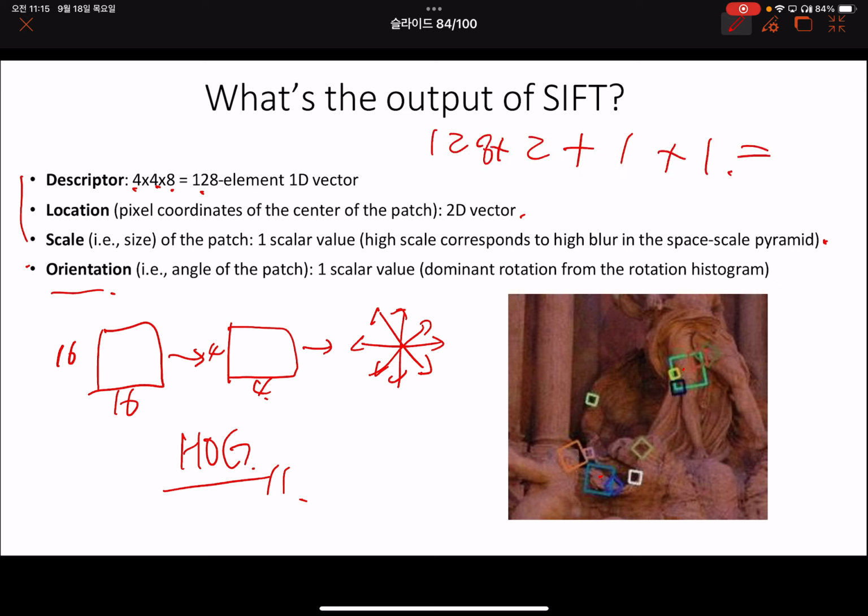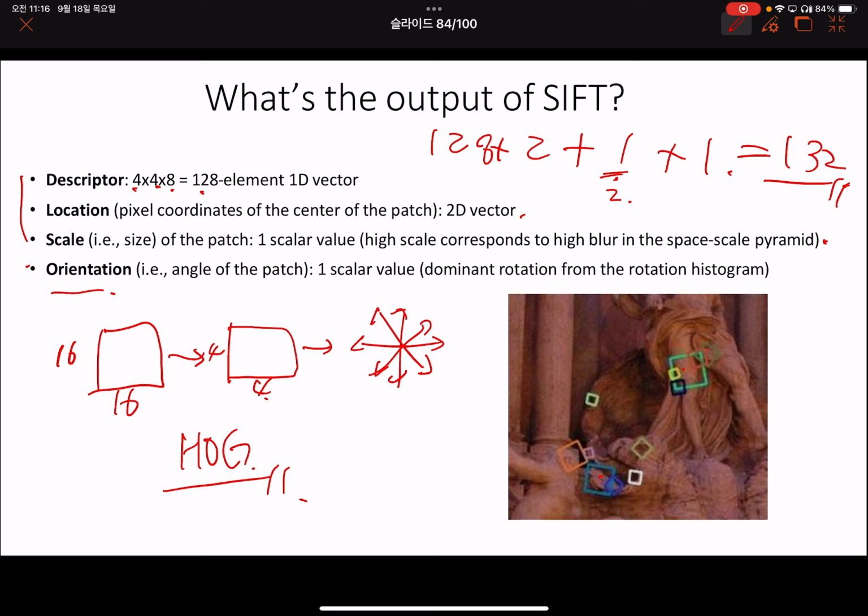That makes 132 numbers, a 132 vector. That might make the final SIFT output. Or scale might be 2, because we need to know the index of the octave and the index of the scale in the octave. So depending on the implementation, scale might be 1 or 2. So 132 or 133. There are no fixed numbers.